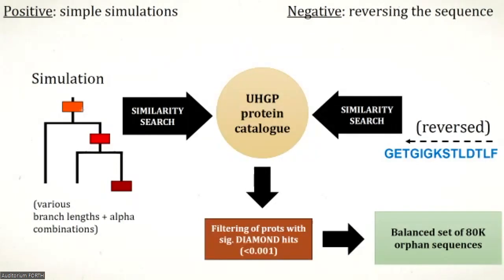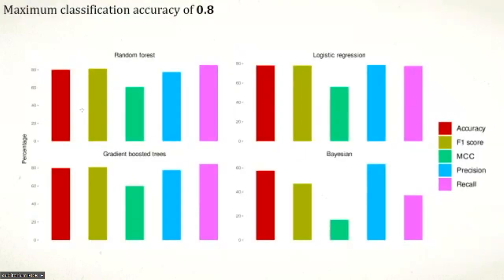So by doing that, we have a balanced set. We have equal positive and negative labels, and there are 80,000 orphan sequences. And so we trained a few simple classifier models on that, using standard cross-validation and leaving out and testing on 20% in the end.